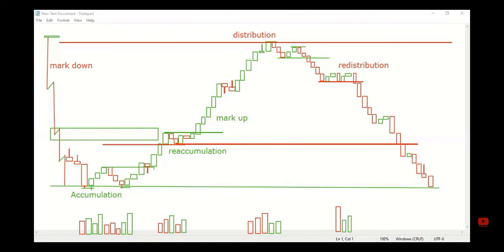So when the market creates this type of situation, definitely we have to go with the buyers if it is an uptrend market.